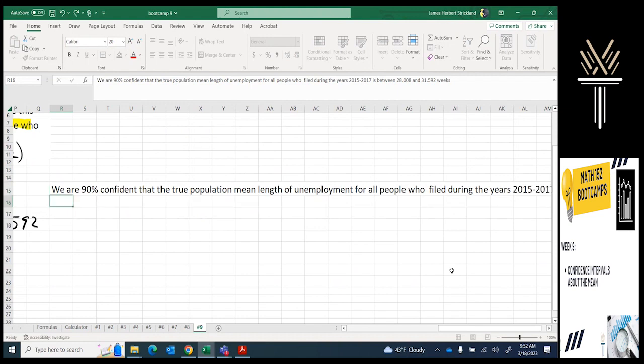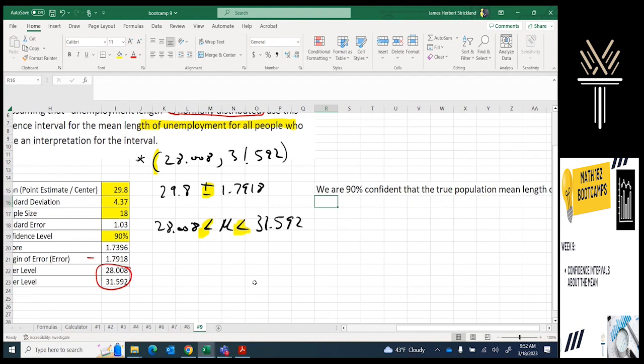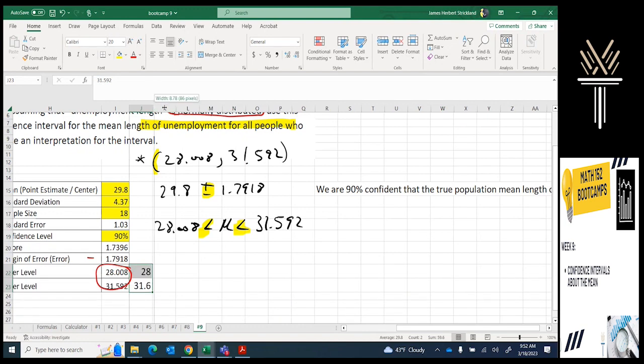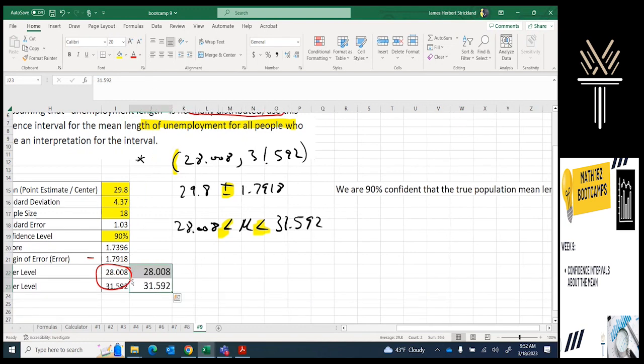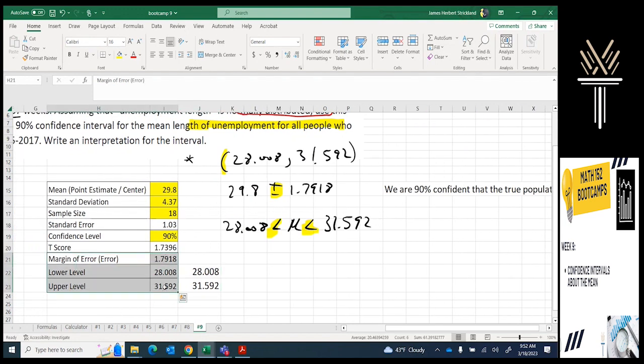Just to remind us what I'm saying now, notice my values. I say it was 28.008 and 31.592. If I want to be more confident that I know the actual answer here, what I would have to do is deal with the fact that it's going to result in a larger error range. So if I want to be 99% confident, notice now I'm saying that's anywhere from 26 to 32.